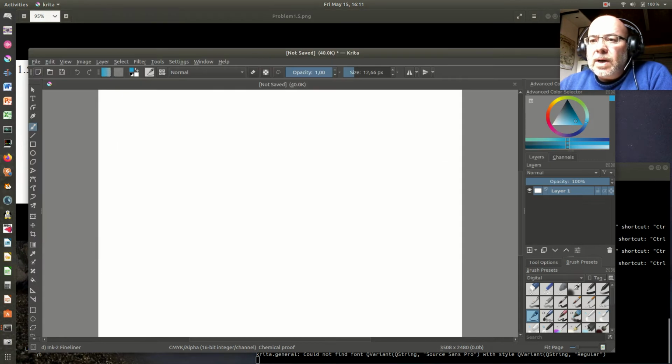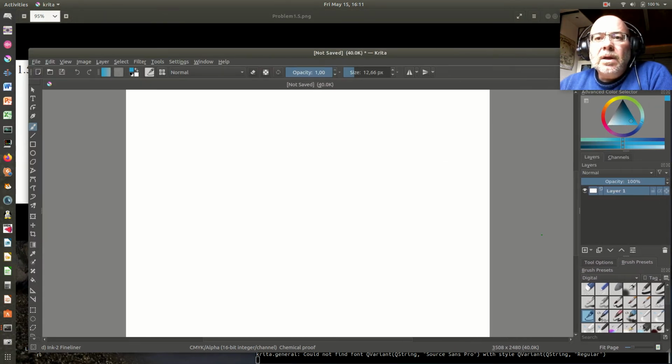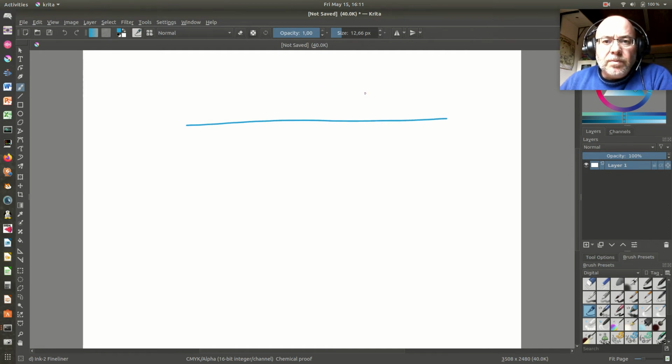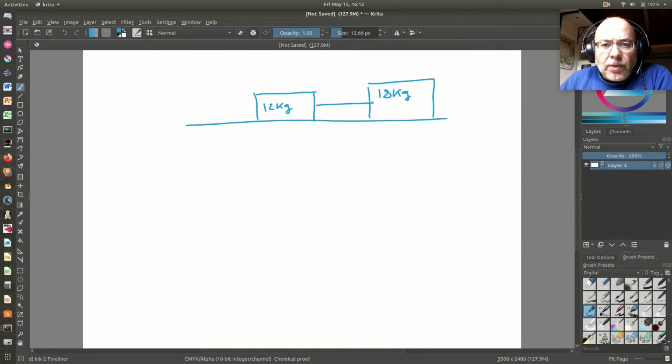So let's draw our problem here. Let's make this big. We have our two blocks. One is 18 kg, the other one is 12 kg, and they are connected by a rope, and the first one is pulled by a force F of 68 newtons.